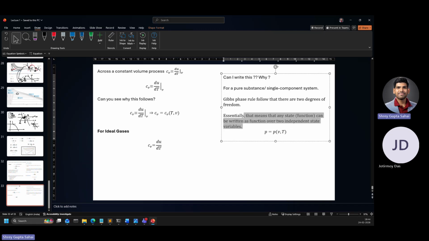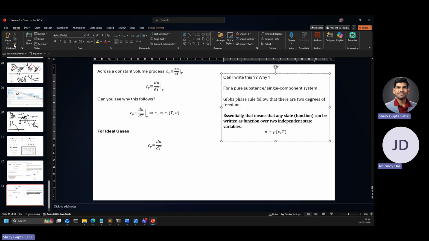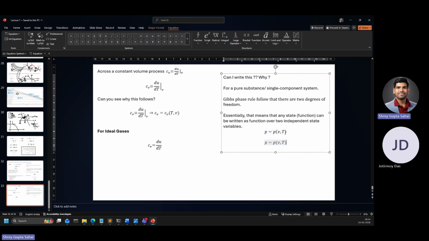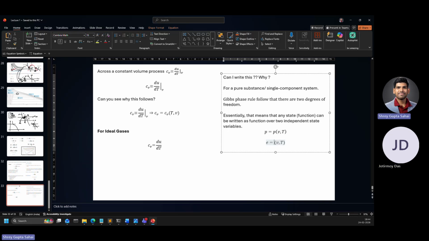Do you recall this part? I think you know, right? That is what we are doing. I could have essentially written the same thing as this. So in this case, I cannot write anything much, but for internal energy, let me write for internal energy only, not total energy.